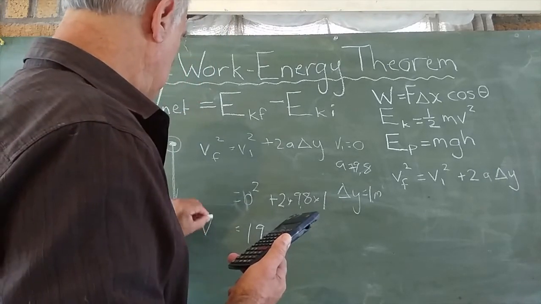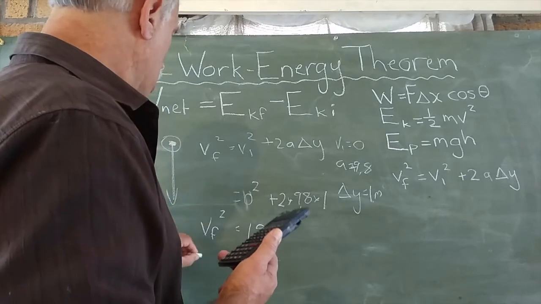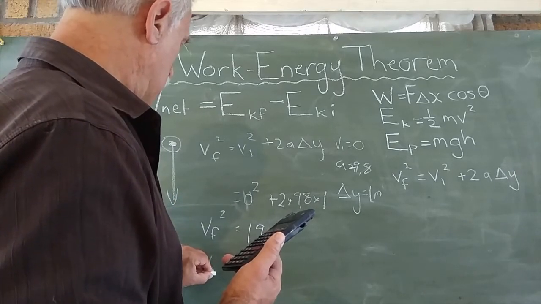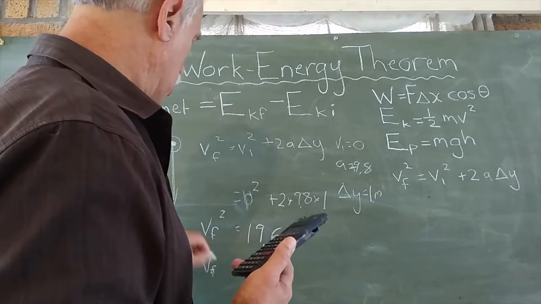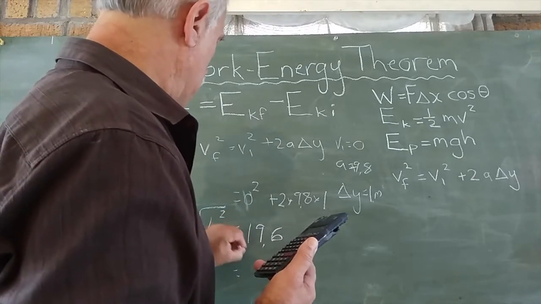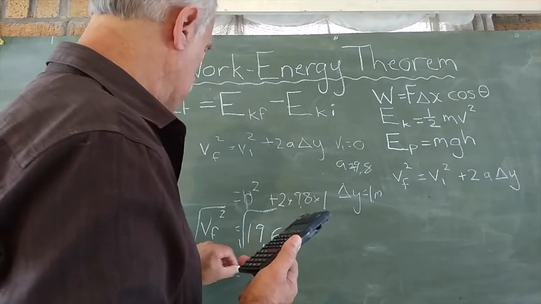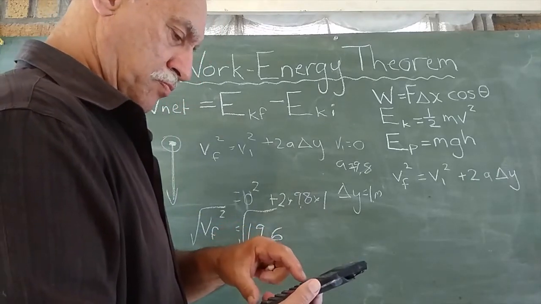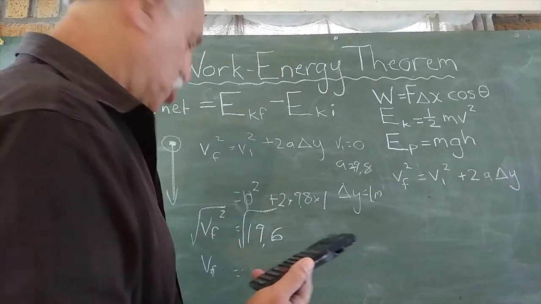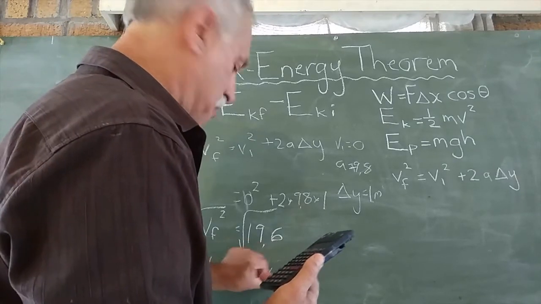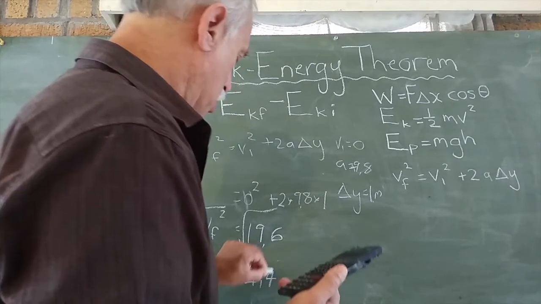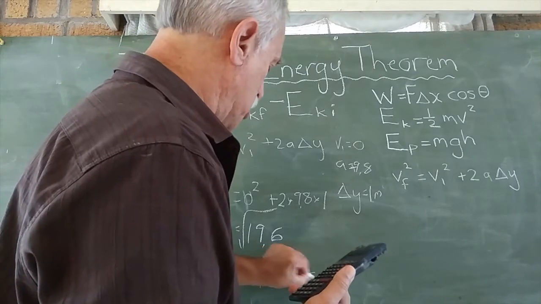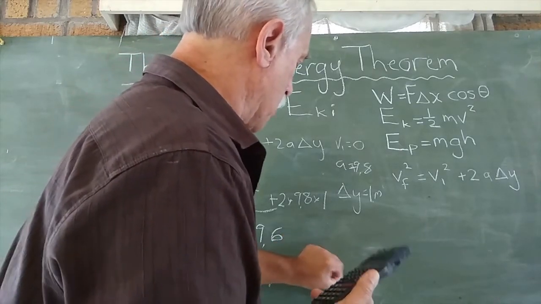So V final is the square root of 19,6, and that comes to 4,43 meters per second down.